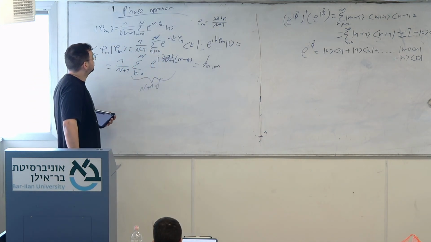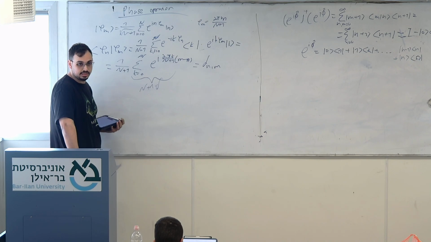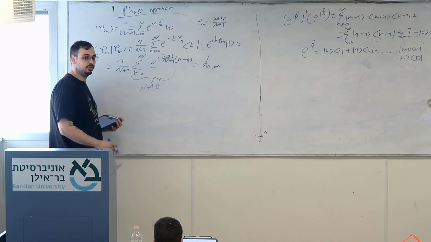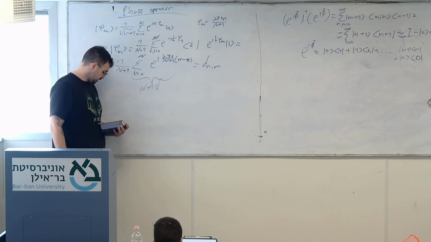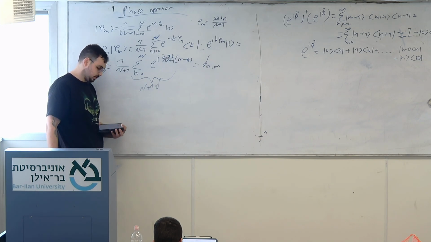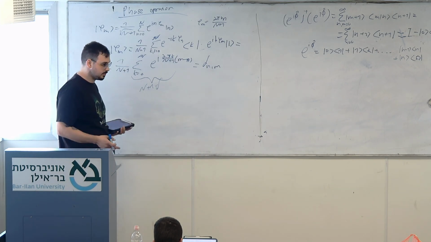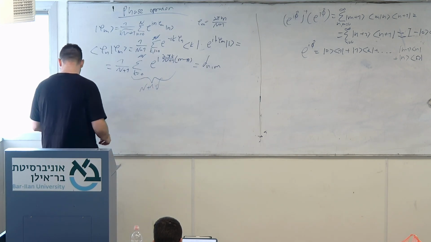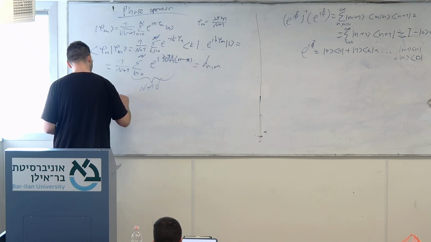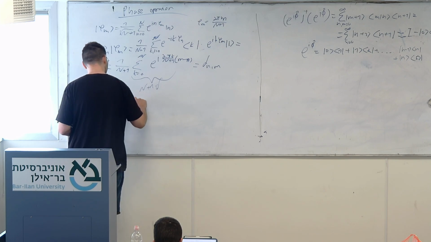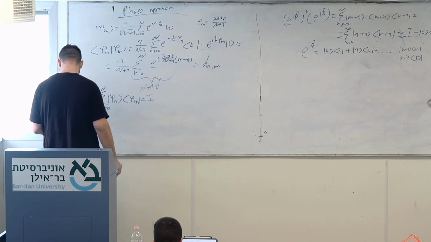Next thing that you want to check about this state is that it's complete. That by using the set of these states, we can get to everywhere in our space of possibilities. Basically, we want to prove sum over m equals 0 to n, |phi_m><phi_m| equal to I, right?